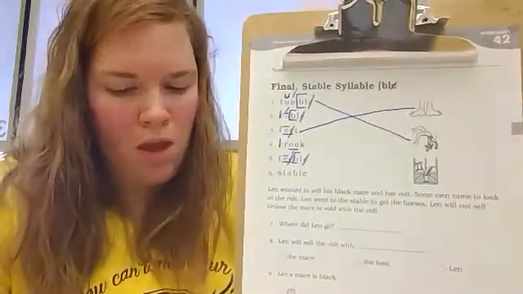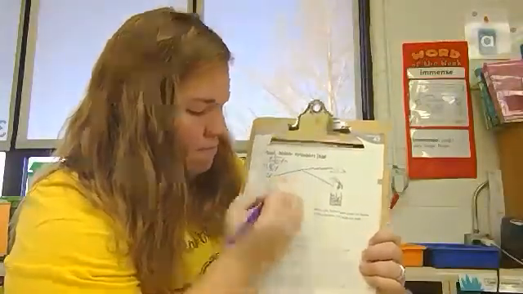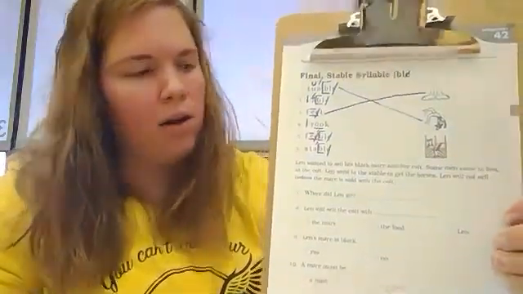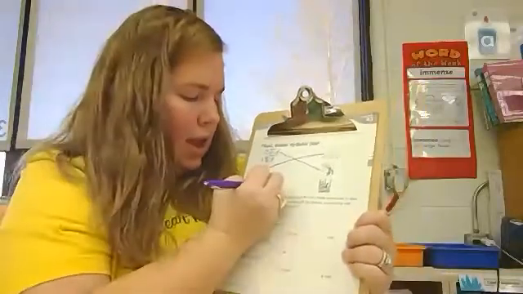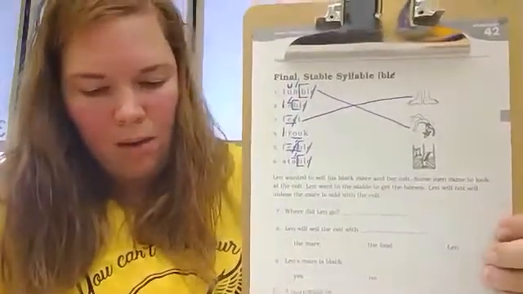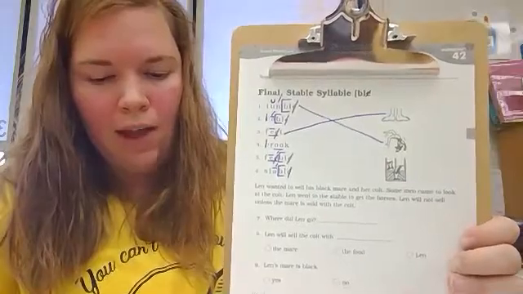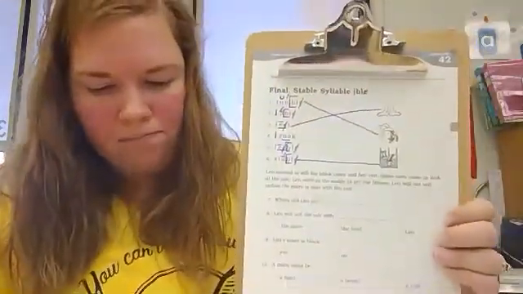And number 6, the final word to code, has final stable syllable, B-L-E. Bracket, cross out the final E, accent mark. There is not a consonant after the A, so we put a macron above the A. It's going to say A. Number 6 says stable, where the horses are.